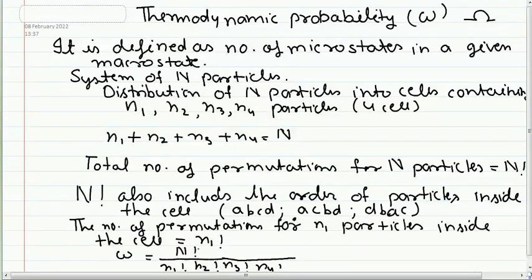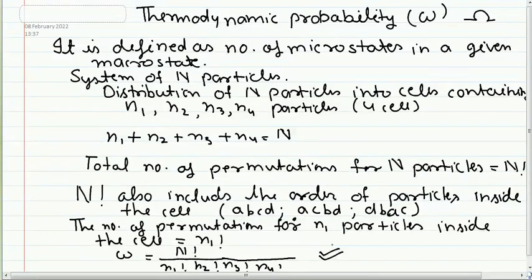Therefore n factorial will be divided by all these numbers, because n factorial includes all these orderings also. Therefore the probability is represented by n factorial, where n is the total number of particles in the system, divided by n1 factorial, n2 factorial and so on, where n1, n2, n3 are the number of particles in a given cell. So this is about the thermodynamic probability.